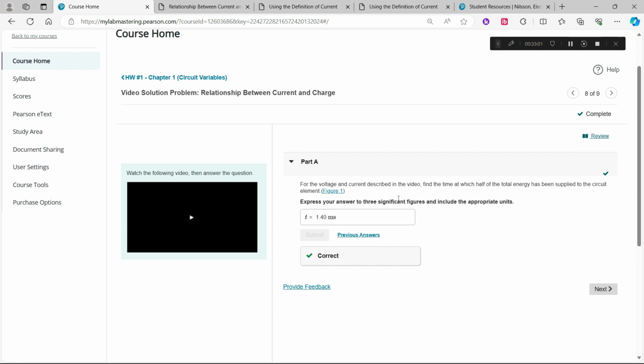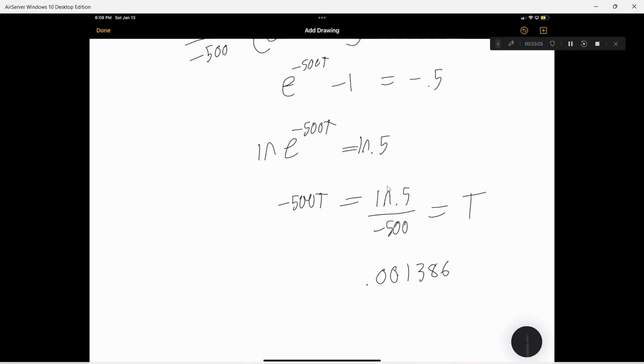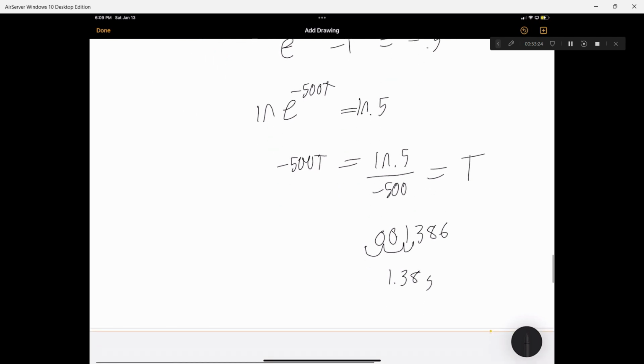All right, so if we convert it to milliseconds, 1.38 milliseconds.